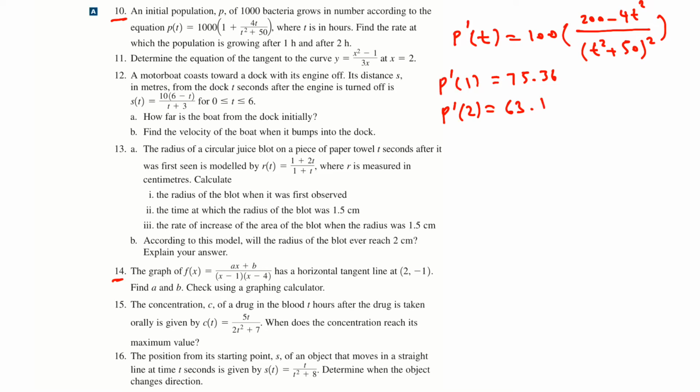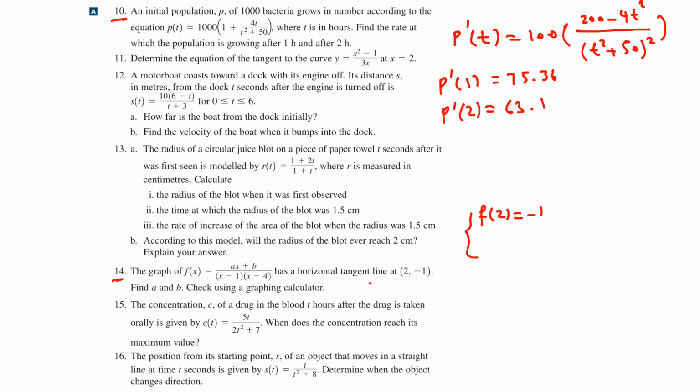Question number 14. The graph of f of x equals ax plus b over x minus 1 times x minus 4 has a horizontal tangent line at 2 and negative 1. Determine the values of a and b. First of all, we know f of 2 is negative 1. The graph is passing through 2 and negative 1.